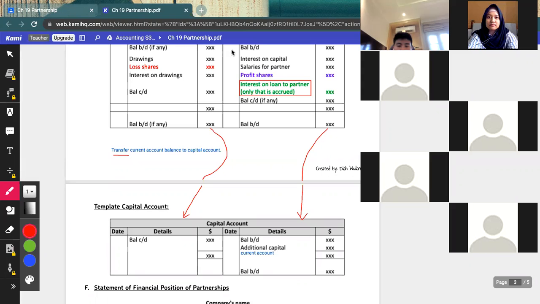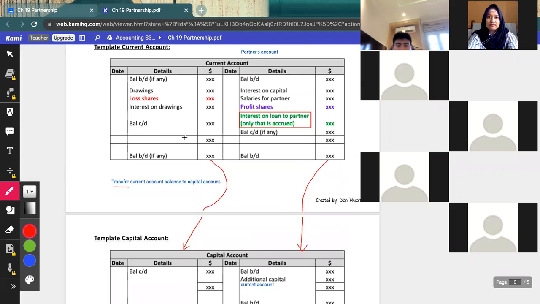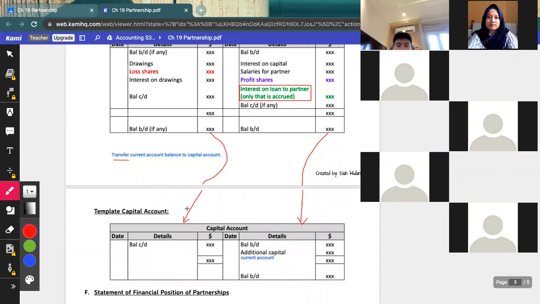Sometimes, if the partners have negative balance on current account, it means that partners have debts to the partnership. Now sometimes partners don't want to have debts to partnership.